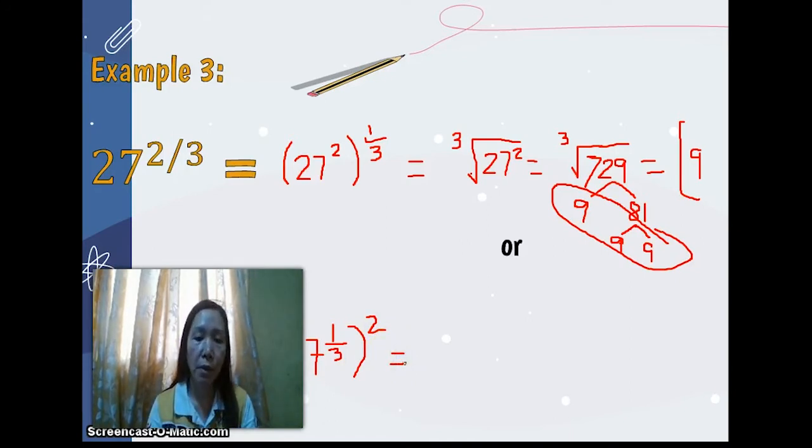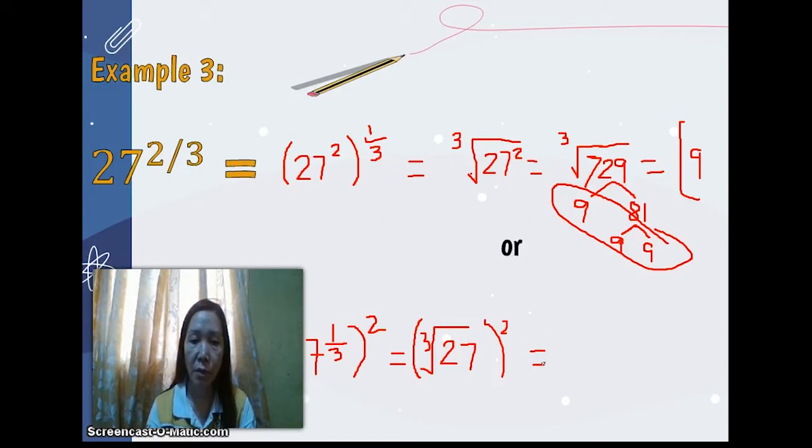Now I will convert this into radical form. So this is the cube root. I will do first the 27 raised to 1/3, so that is the cube root of 27. And then I square this. Next, I am going to simplify first the numbers inside the parentheses.